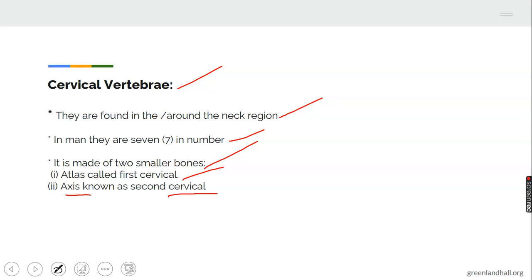Now, these 2 bones that constitute the cervical vertebrae have different functions. If one of them is missing, then the neck will not function normally. So we are going to see the 2 components of the cervical vertebrae.